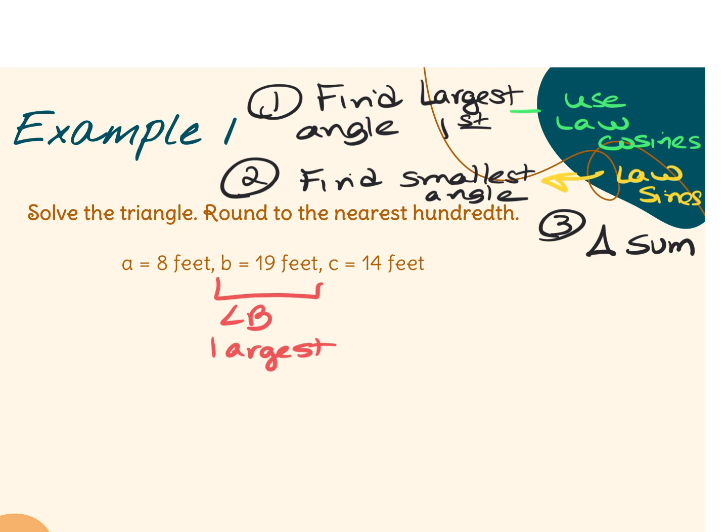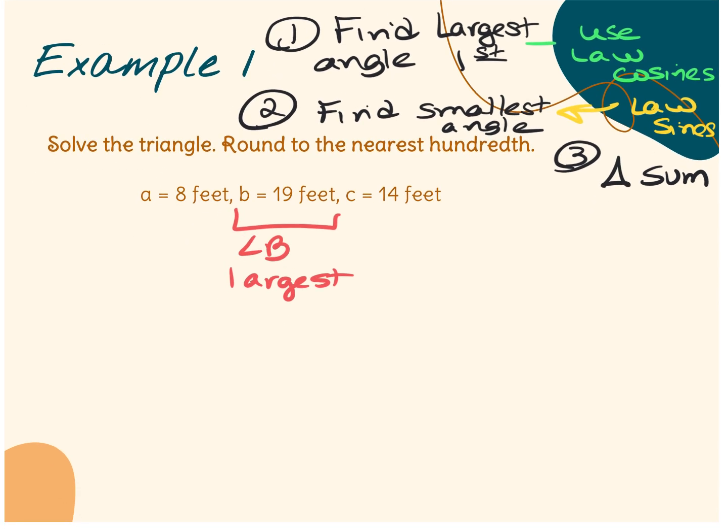So let's try this. Again, step number one, find the largest angle first. My largest angle, I can tell, is angle B because it's opposite the biggest side, which is the 19. So the formula I'm going to use is the alternate ones at the bottom of the slide.